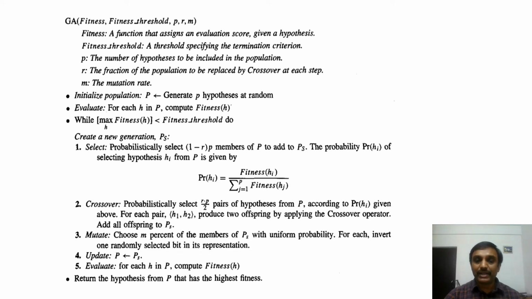Then we apply our genetic operations, one is crossover, the next is mutation. After that we update, copying the Ps value to P, and again evaluate the fitness of each hypothesis. We continue this process until that condition fails, and then we come out of the while loop. That gives the best hypothesis.